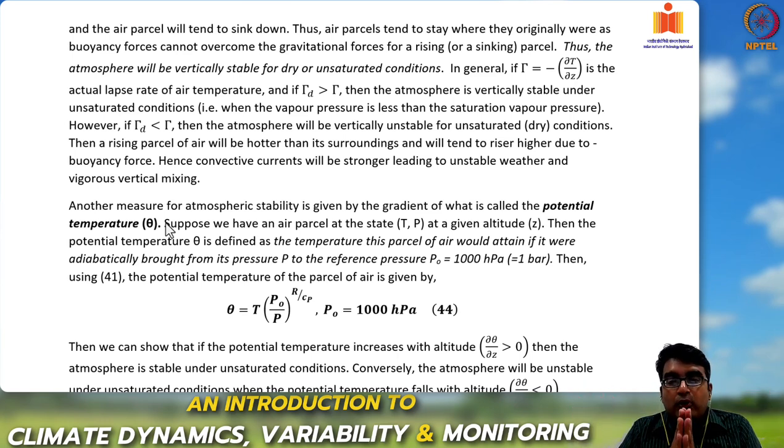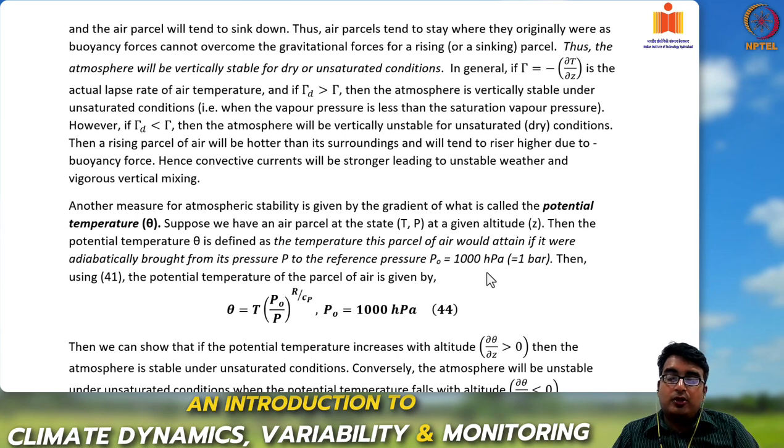Now, potential temperature is defined as the temperature this parcel of air will attain if it were to be adiabatically brought from its original pressure P to the reference pressure P0, which is equal to 1 bar or 1000 hectopascals, which is close to the sea level pressure.